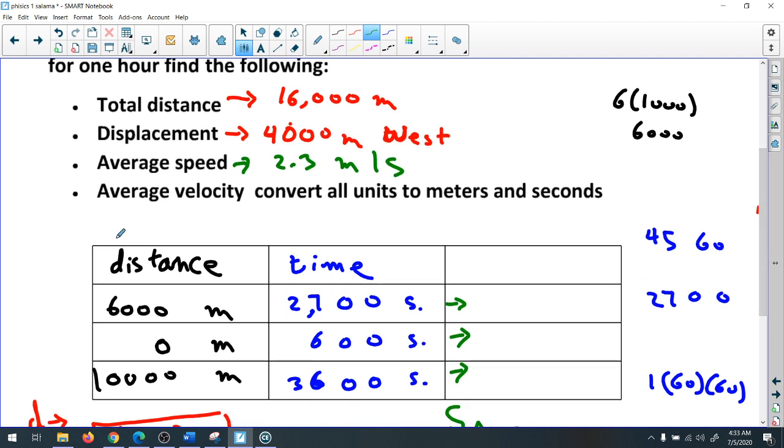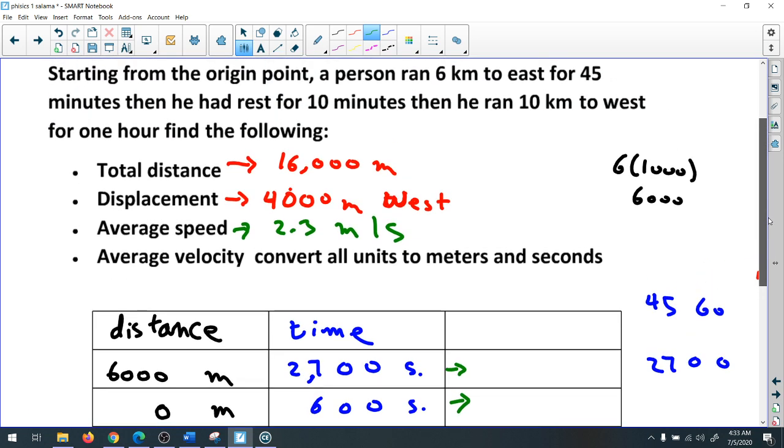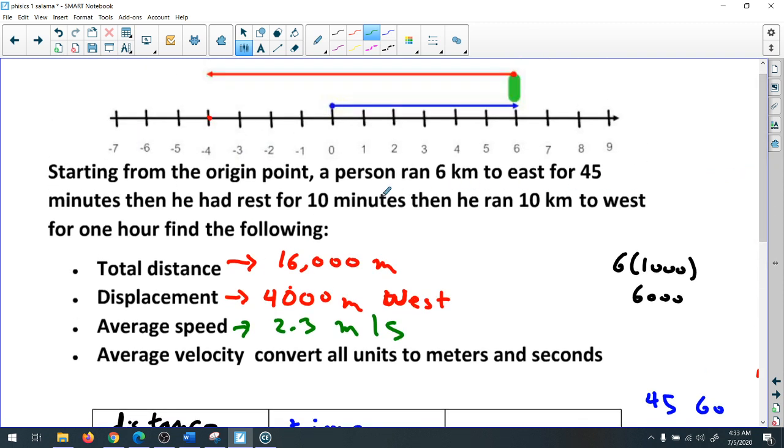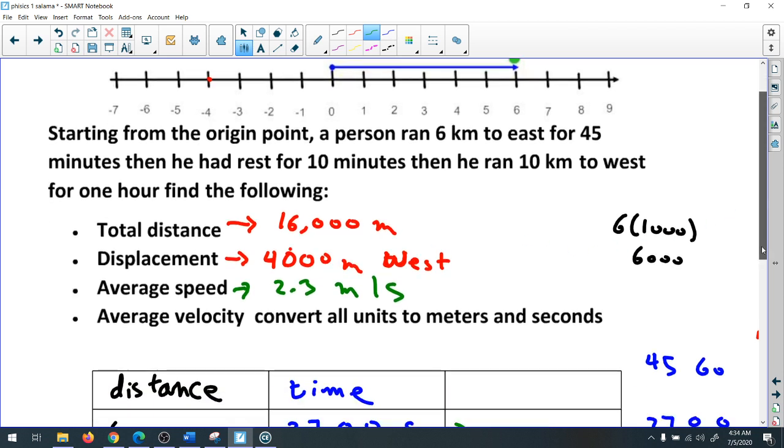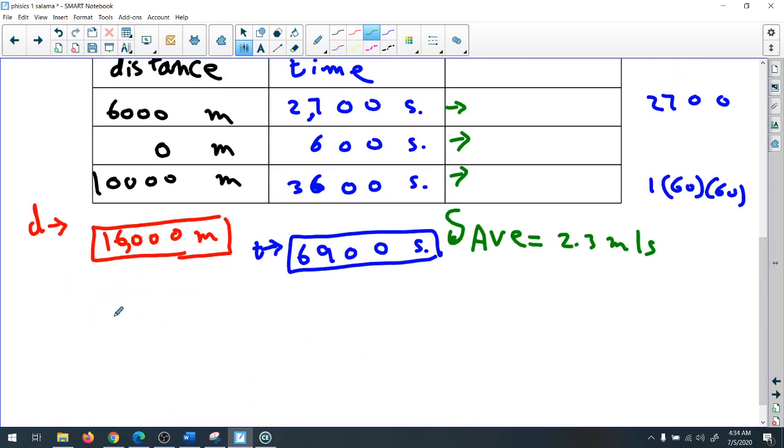Let me find average velocity. Average velocity means the final position divided by the time, or displacement over time. And the displacement, as we agree, is 4,000 meters. You divide it by the total time. So average velocity equals displacement over time.